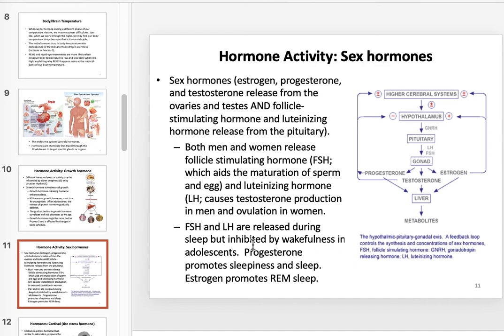So we see that sex hormone release is increased during sleep, inhibited by wakefulness, and in fact progesterone, which is a sex hormone, actually promotes sleepiness and sleep, as does estrogen. And that may be why some women in menopause, when we see estrogen and progesterone levels dropping, have difficulty falling asleep.